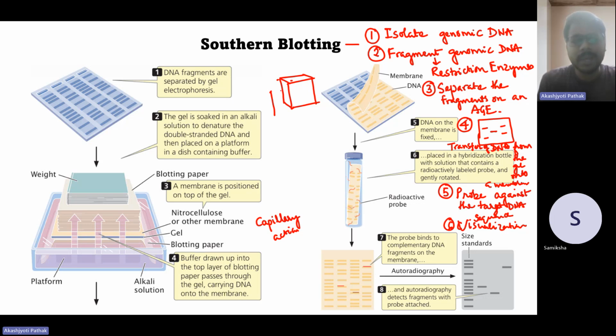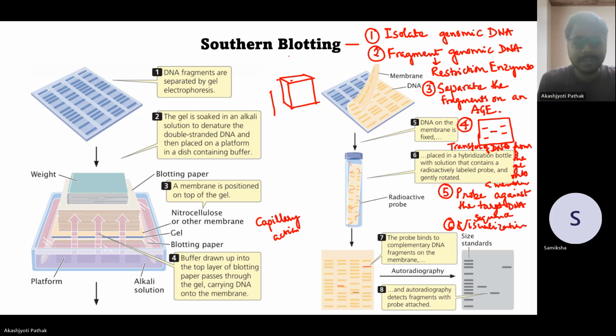So what is done is, through the process of capillary action, the buffer gets soaked by the blotting paper and starts moving upward, and as it moves upward, the DNA is transferred from the gel to the membrane. Now this membrane is thin, so the probe can directly attach to the DNA which is present on your membrane. Okay.